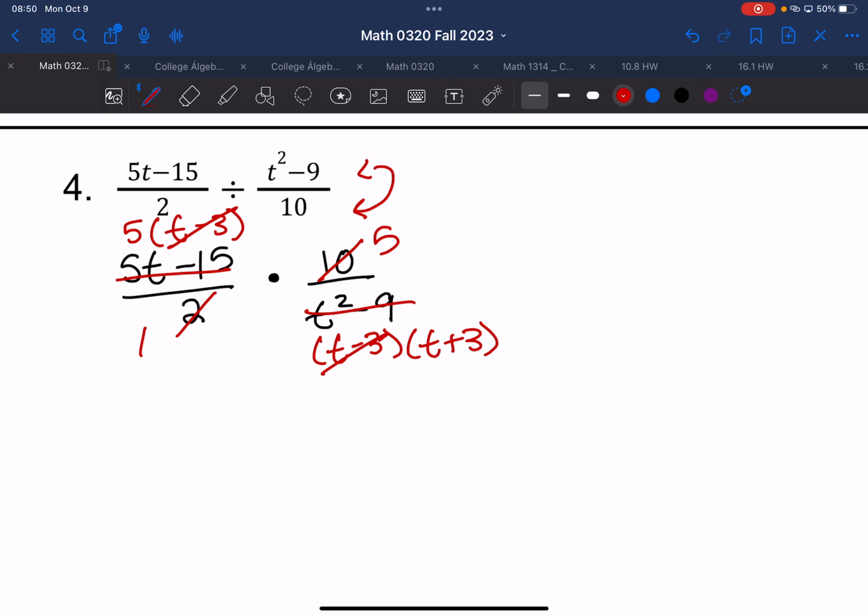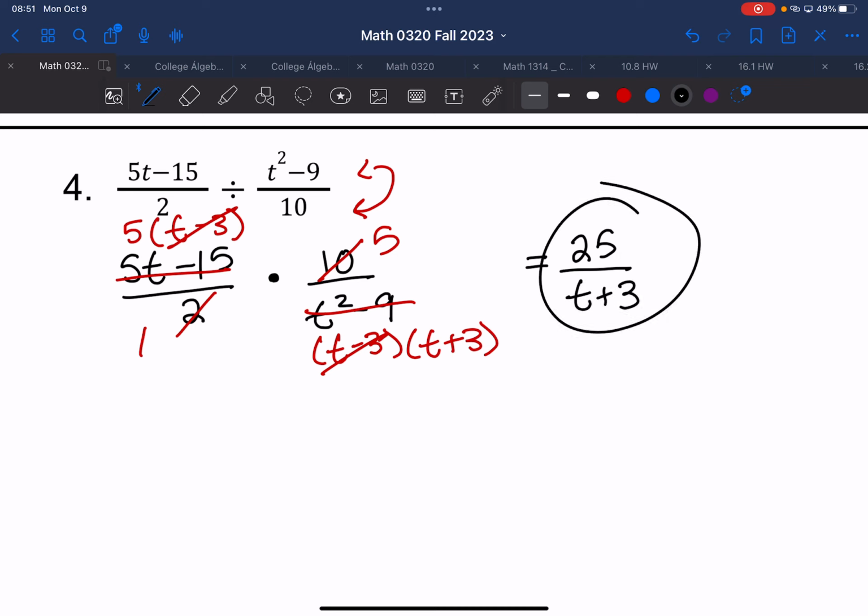Okay. Now that I have everything reduced, what do I have left on both numerators? A 5 and a 5. So 5 times 5 is 25. And what do I have left on both denominators? Good, I have a 1 and a t plus 3, which would be t plus 3. That's my answer.